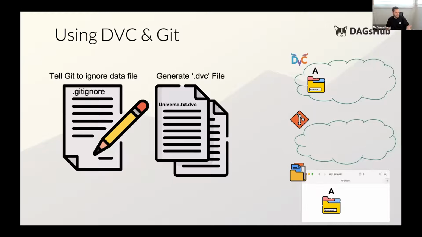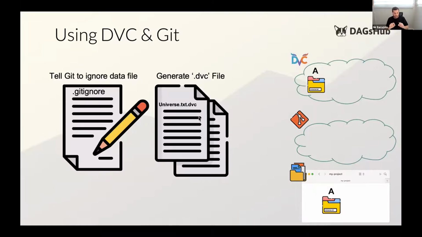And by performing this action, it's going to create two things. The first one is going to tell Git to ignore this data file. So it's simply going to add the universe.txt to a .gitignore file, okay? And also, it's going to generate a pointer file that is named universe.txt.dvc, okay?